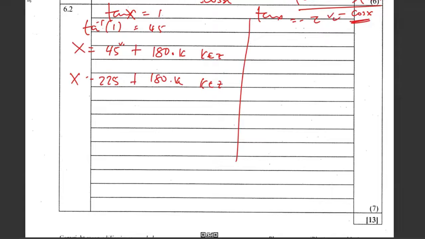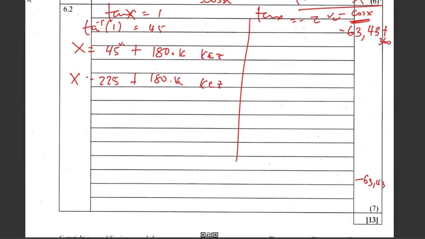When I come this side, the reference angle of the negative, shift tan of negative 2 gives me negative 63,43. But since I want the positive part, I can plus with 180, or I can plus it also with 360.